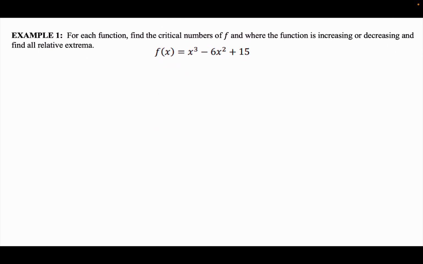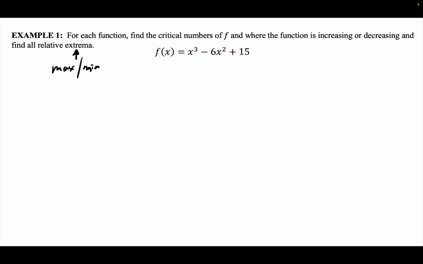For each function, find the critical numbers of f, where the function is increasing and decreasing, and then find all relative extrema. Extrema means maximums and minimums.